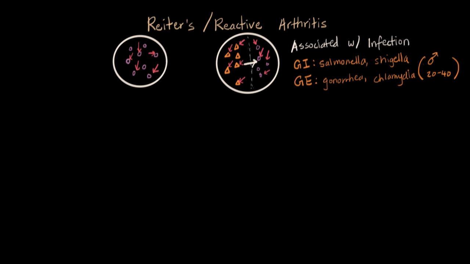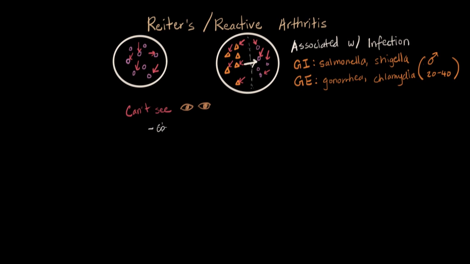Everyone knows about Reiter's from this neat little phrase that we invented: can't see, can't pee, can't climb a tree. And that tells you the cluster of symptoms. First, can't see. In the eyes, we have some sort of reaction. The immune cells that we generated attack the tissue in the eye.